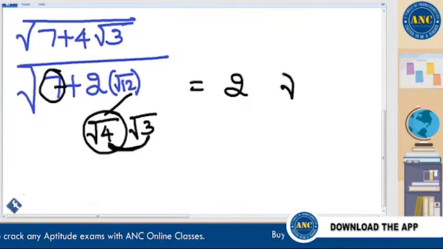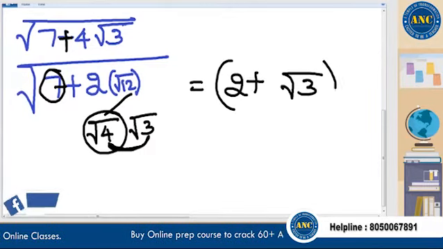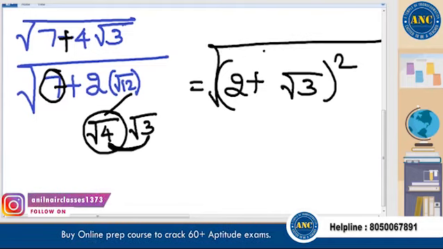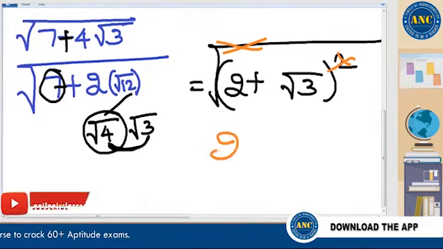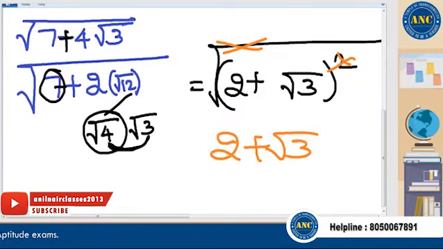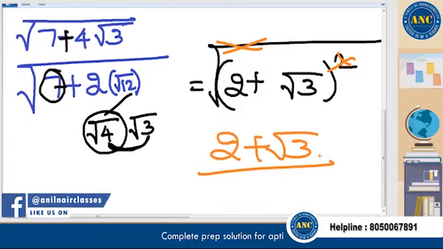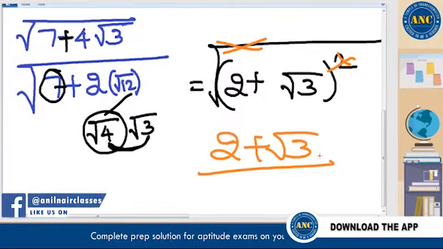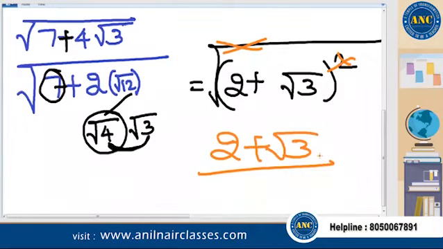Write down the second term root 3, and if it is plus here, write down plus, and then square it, and then find the square root. Instead of every time writing the square root and square, you can directly stop at this point. 2 plus root 3 should be the answer. First we will analyze or learn these varieties of problem, and then we will solve some tricky questions using this methodology.